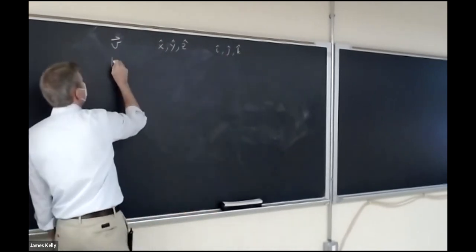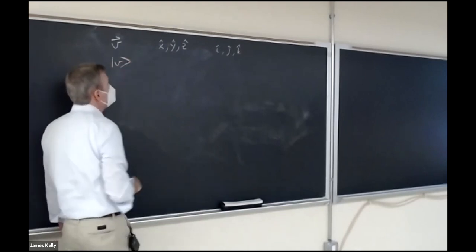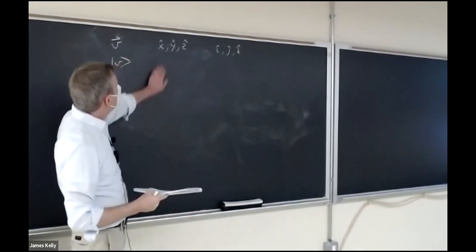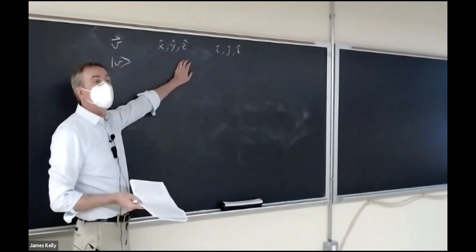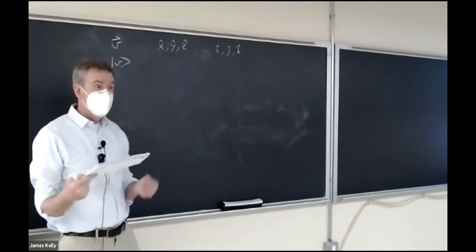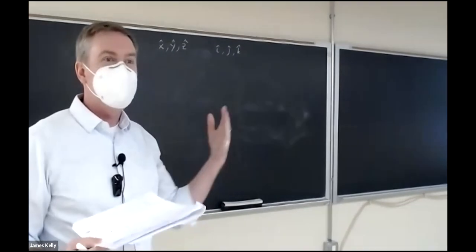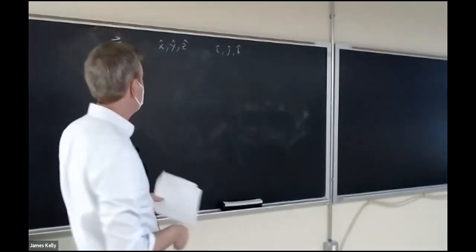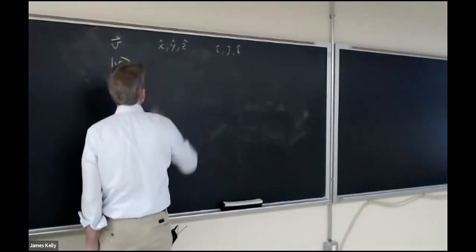Using x's, y's, and z's isn't so good in this course because we're going to have infinite collections of basis vectors. So I want something with an index on it that I can sum over. I don't want something where the letter changes every time.